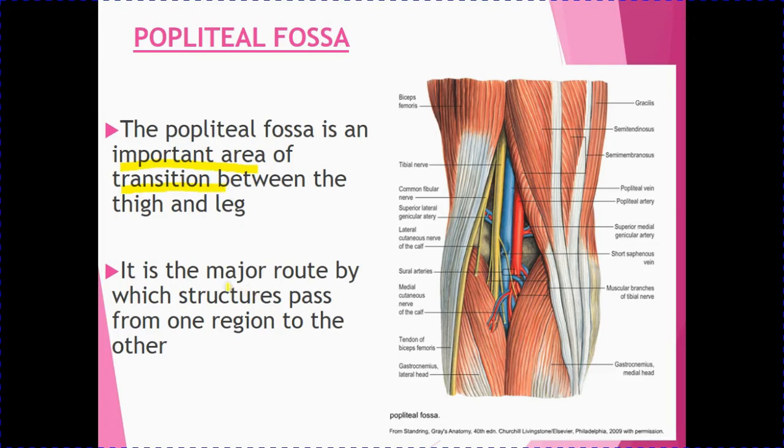It is the major route by which structures pass from one region to the other. You can see in the figure, this is the diamond-shaped popliteal fossa, which is present behind the knee joint, and it is a transition point through which the neurovasculature leaves the thigh and enters into the leg region.